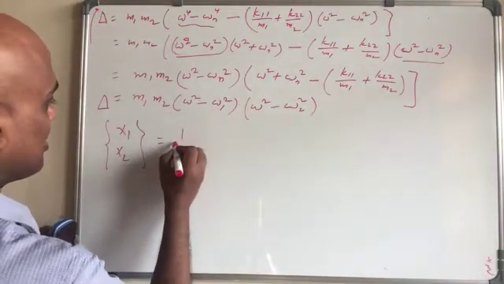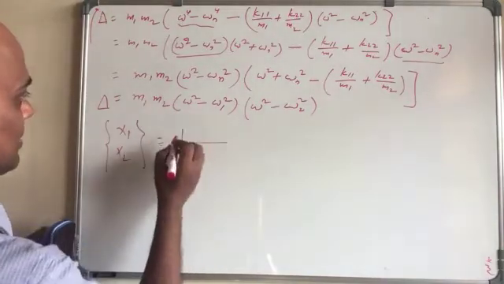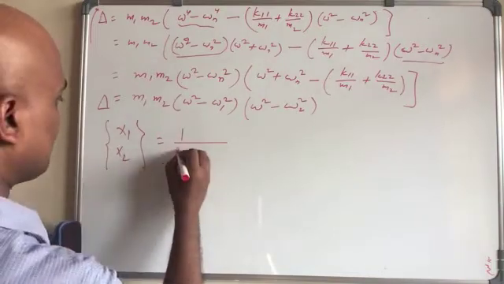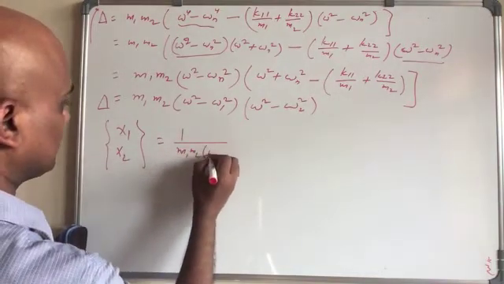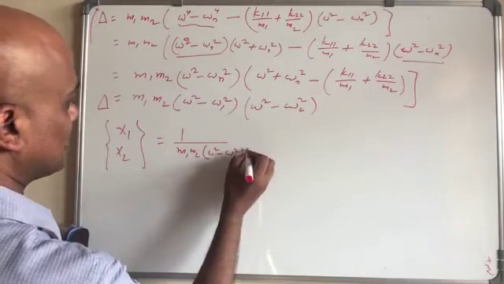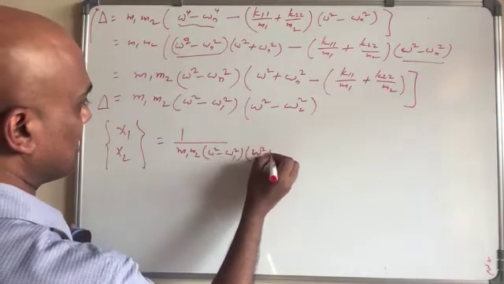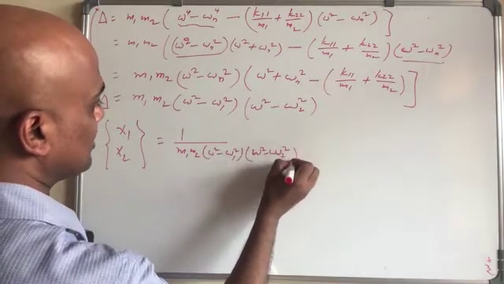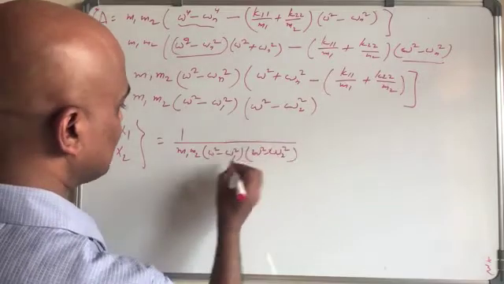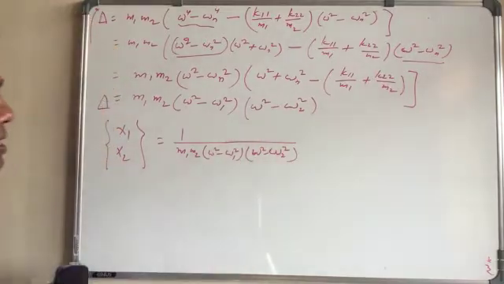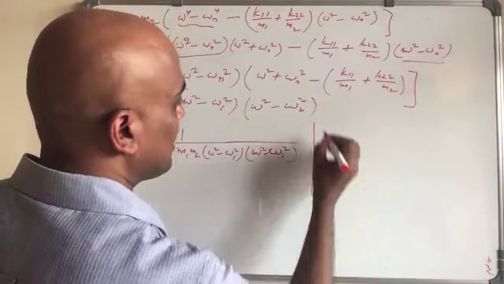So we will have 1 over delta, which is equal to m1 m2 times omega square minus omega 1 square times omega square minus omega 2 square. Okay, so these are the natural frequencies, there are two natural frequencies, and then we have the matrix.